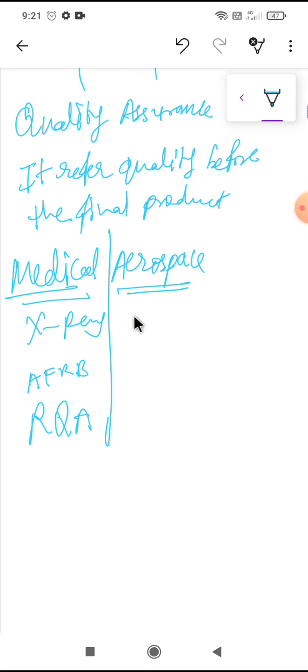So you may have understood that quality assurance is very important when the life of a person comes into play. In medical and aerospace, if the quality of any part is not standard, meaning not up to requirement, then it can create hazardous consequences.